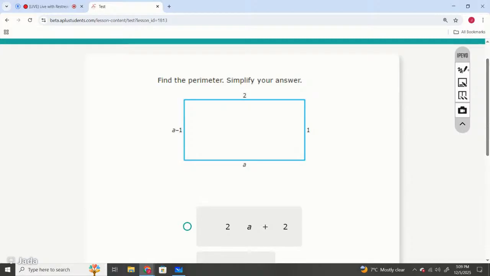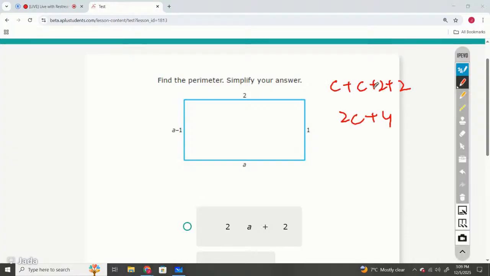Find the perimeter. That is 2 plus 1 plus a minus 1.